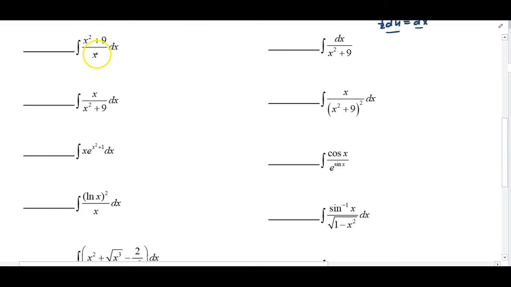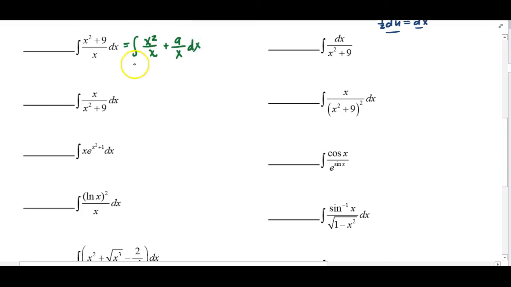But the next thing I try is algebra, and that algebra is recognizing that there is only one term on the bottom, so that this is x squared over x plus 9 over x, which is the integral of x plus 9 over x, which now I can do each one separately because they're being added together. This only works because I'm able to divide when there's only one thing on the bottom.